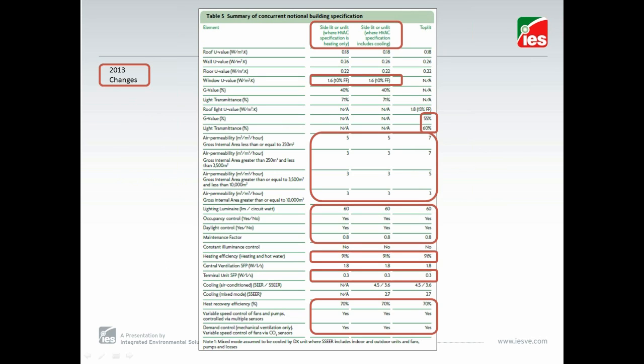You've got the air permeability, so depending on the gross internal area of your building, that determines what the air permeability figure that's set in your notional building will be. Sorry, there's the lighting efficacy going from 55 to 60 lumens per circuit watt. And then we're adding in controls as well, so occupancy and daylighting controls in the notional building.